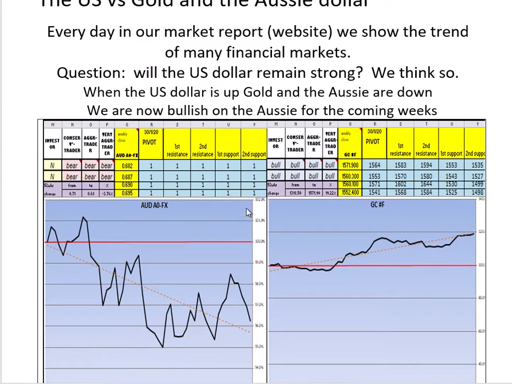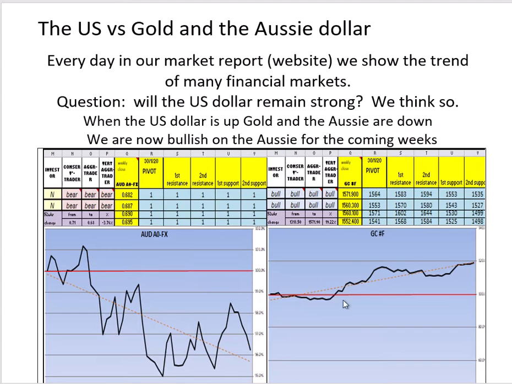Here we also give you a perspective on the Australian dollar versus gold. If you look at the Australian dollar, there is a bearish momentum here, and gold, remember, about a few months ago was trading below 1500, and recently is trading around 1572 US per ounce, which obviously is a bullish indicator.